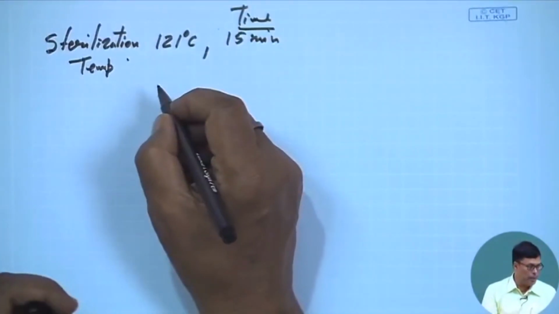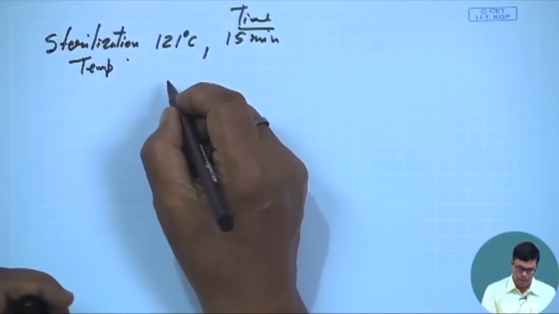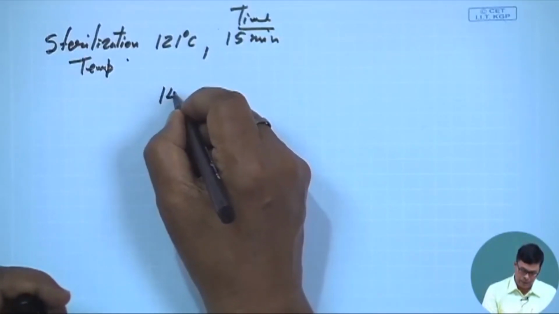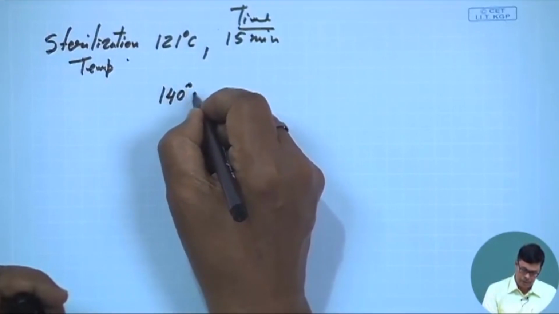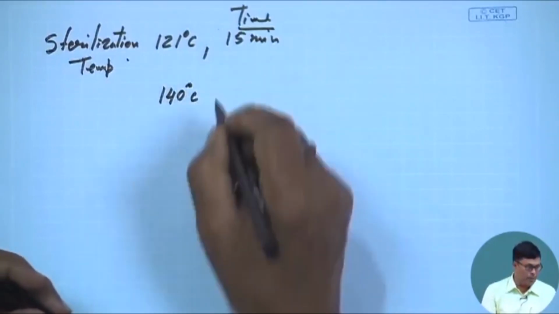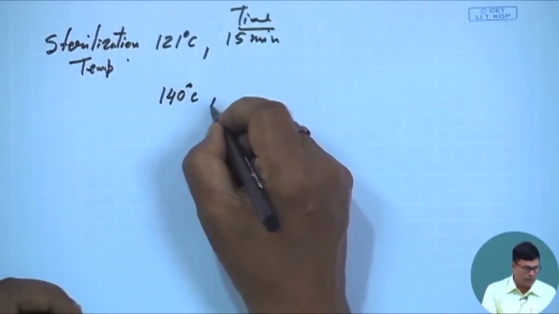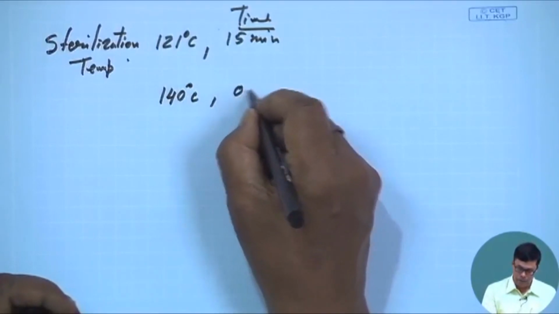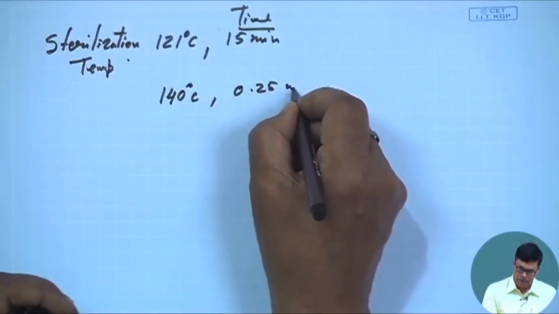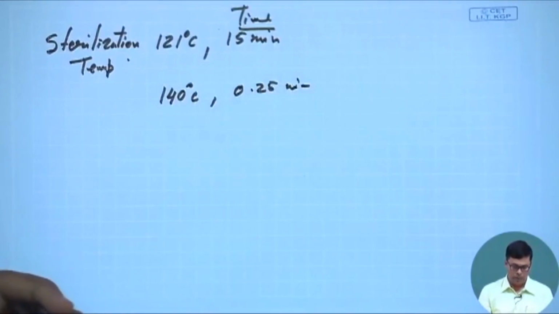Now, in the industry we actually use 140 degree centigrade, because the sterilization time is reduced to 0.25 minutes. The holding time is 0.25 minutes.